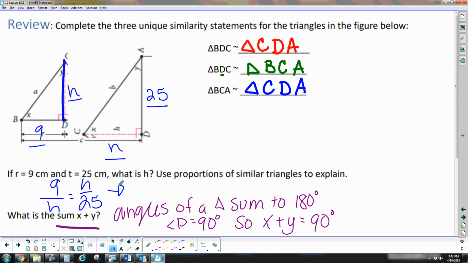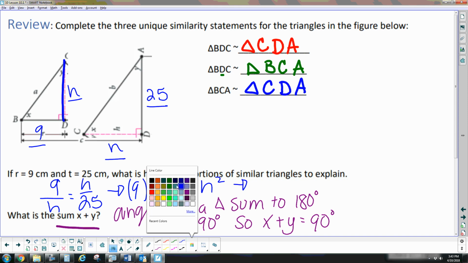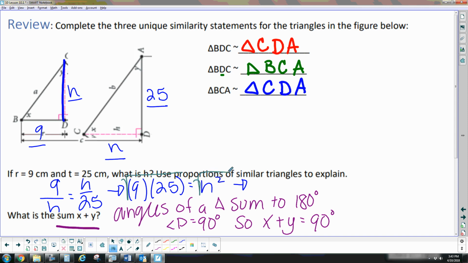Now we can solve for h by taking 9 times 25 and h times h, which is h squared. Now we need to take the square root of both sides. So the square root of 9 times 25, which is 225, is 15. And that's our value for h using proportions.